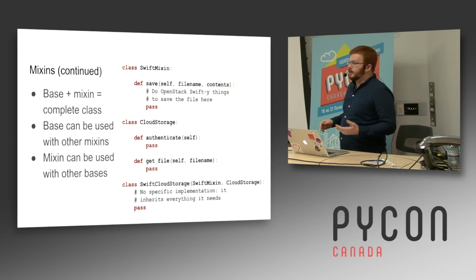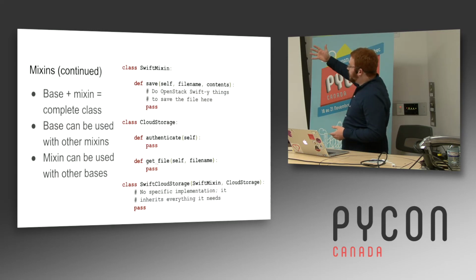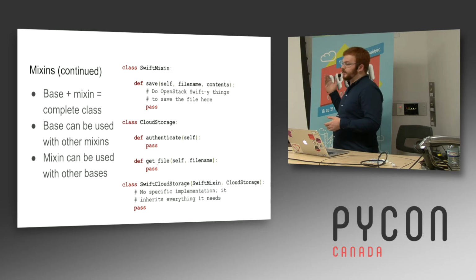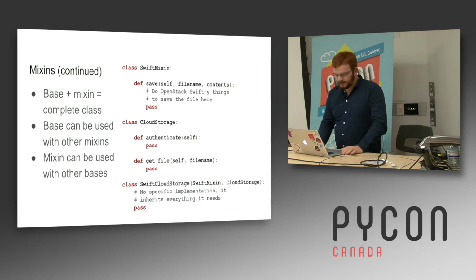Because of the way Python resolves items that aren't implemented on the top level class, we have all the different methods that are available, and both the Mixin and the cloud storage class can use each other's features to build one complete whole. Both the base class can also be used with other Mixins that fit the interface it needs, and the Mixin can be used with other base classes that need something that fits that interface.